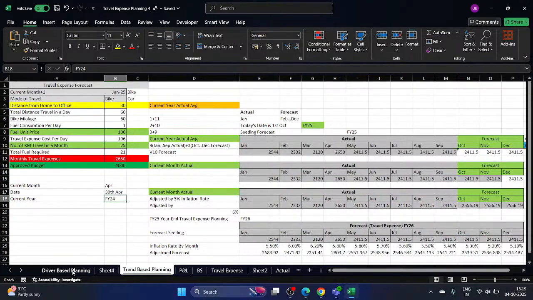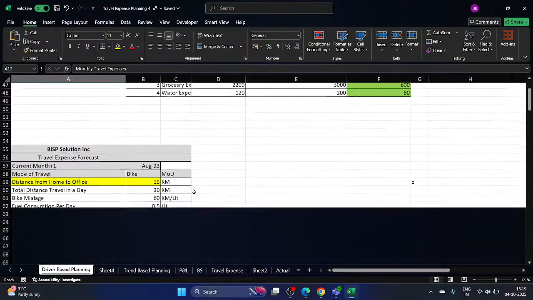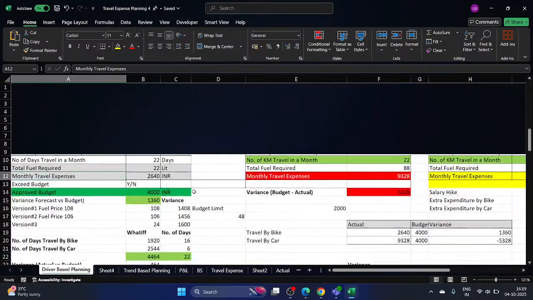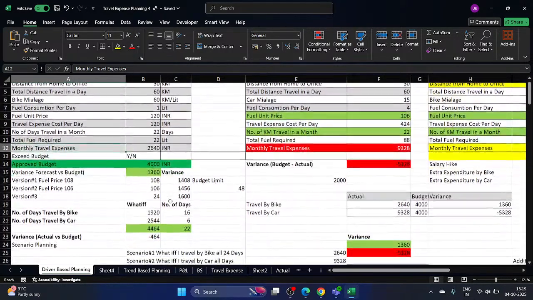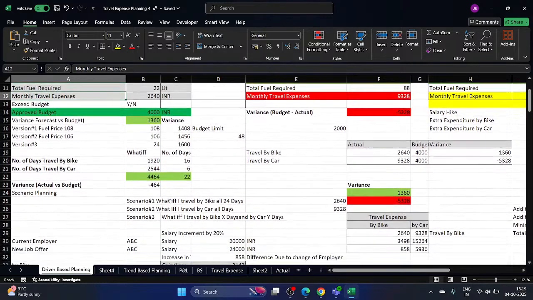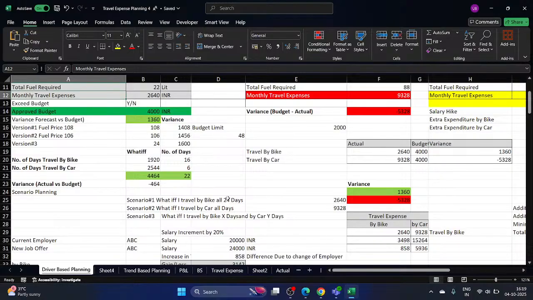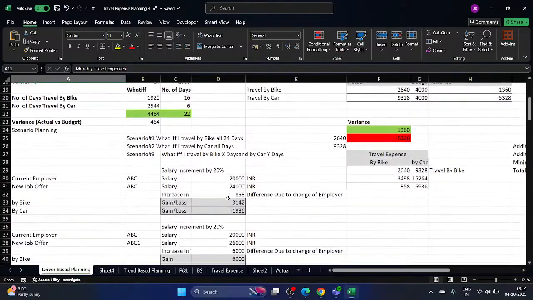This is the trend based planning and the travel based planning. We have done the basics of it, like how the actual budget and the approved budget work, and how the variance would come. The same thing we have observed in this batch file.